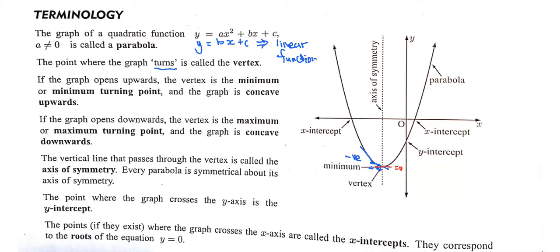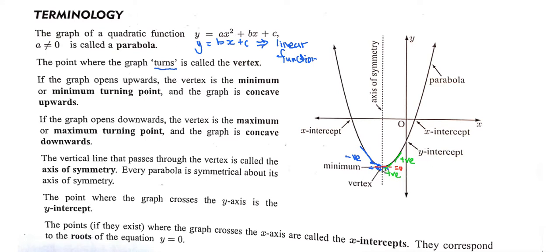Now, if we draw a line in this direction on this part of the curve, you notice that the gradient is always positive. So the point where the graph turns refers to the change in the gradient. Going in this direction, it is negative, then becomes 0. By the time it reaches the lowest point, the gradient becomes 0, because the tangent is a horizontal line.